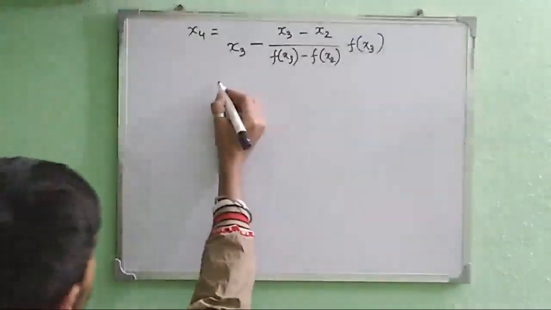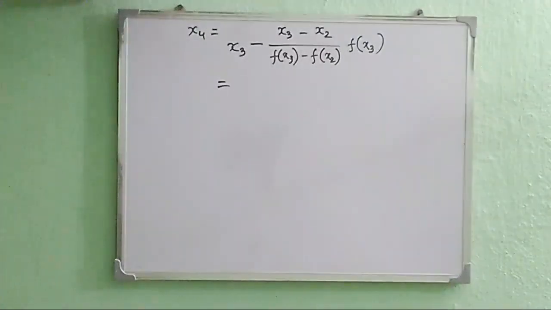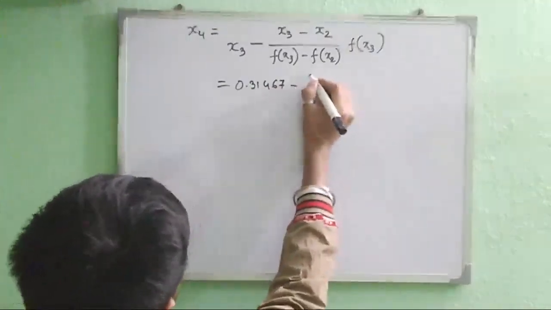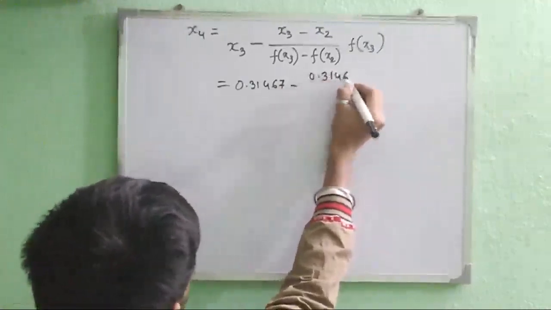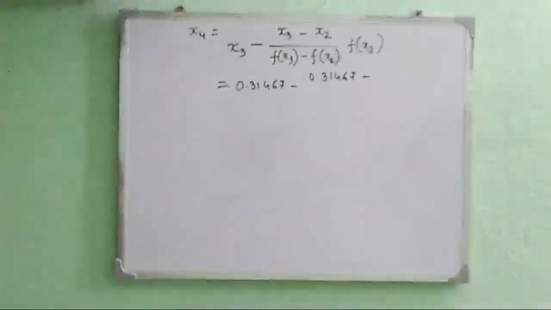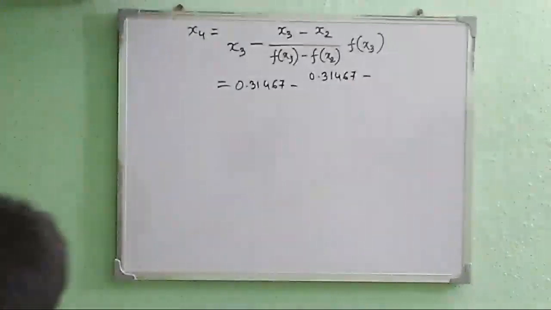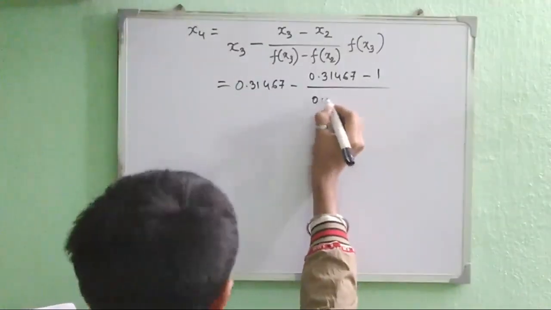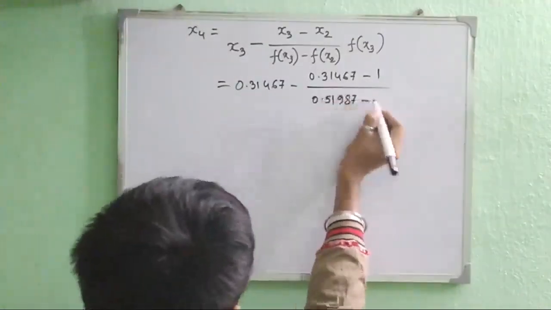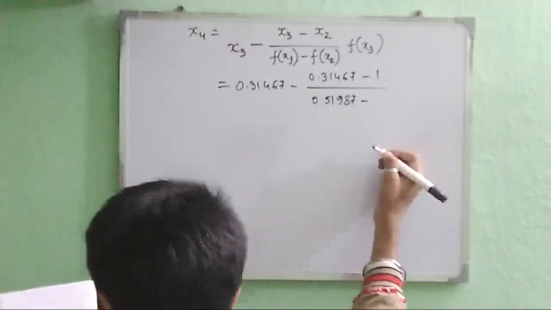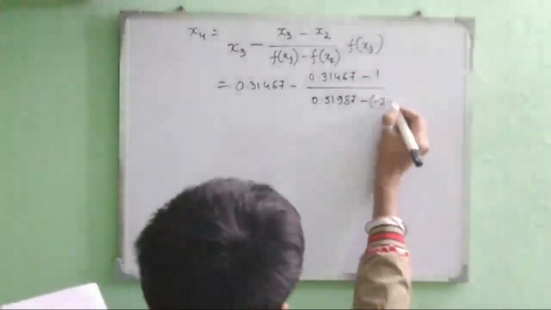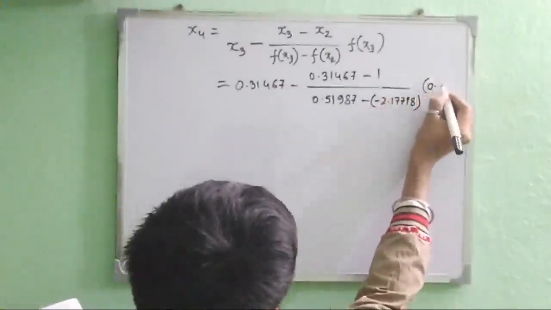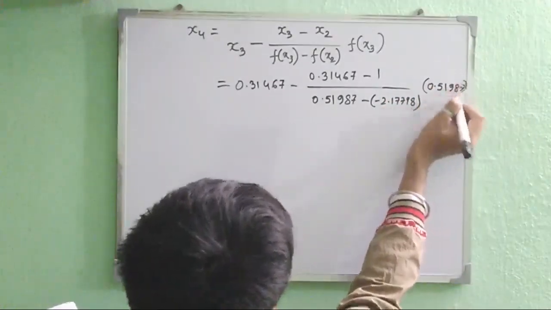Our x3 was 0.31467, x2 was 1, f of x3 was 0.51987, and f of x2 was minus 2.17798, multiplied by 0.51987.